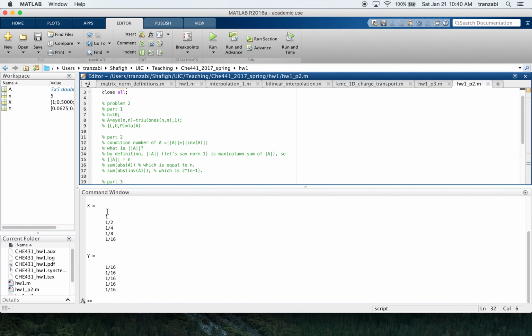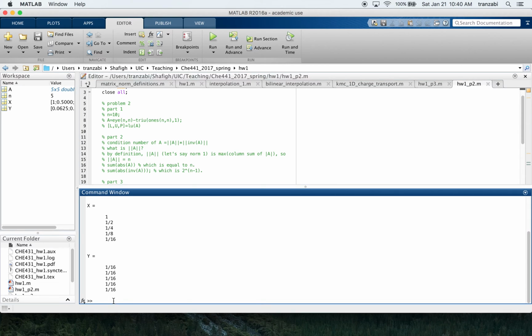Now, if you get the norm 1 of x, it's the sum of the elements. And if you do norm 1 of y, you see that it's much smaller.